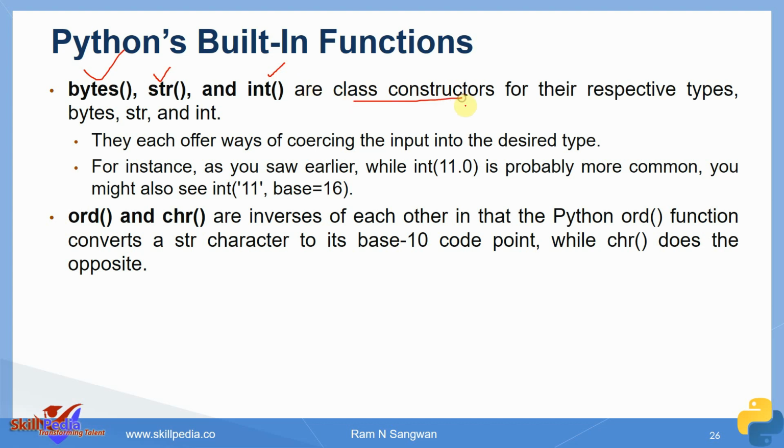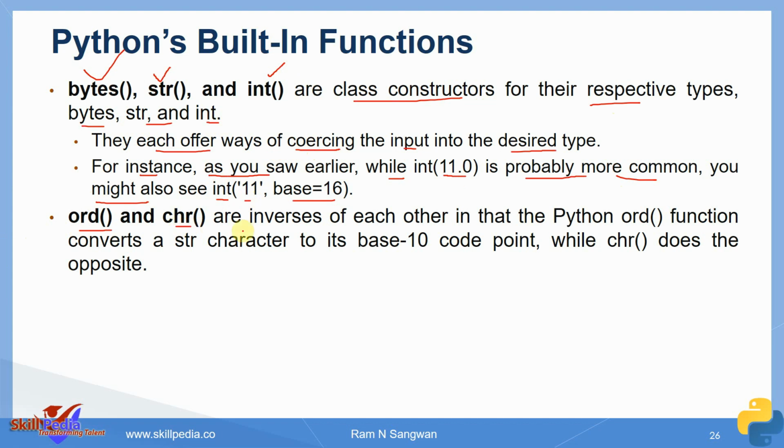bytes, str, and int are class constructors for their respective types, that is bytes, string, and integer. They each offer a way of coercing the input into the desired type. For instance, as you saw earlier, while int 11.0 is probably more common, you might also see int 11 with base 16.